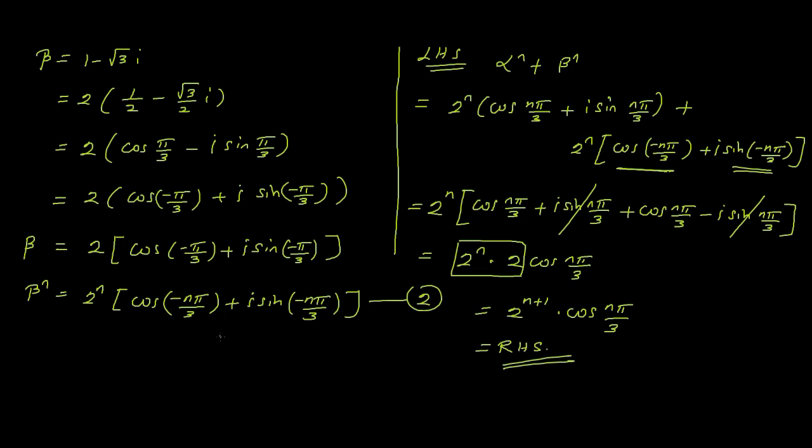Note it down. If you have not written it yet, go back, pause it, write it again, and try to understand. Come to question number 17. It asks for a positive integer n, so that 1 plus iota power n plus 1 minus iota power n is equal to 2 to the power n plus 2 by 2 cos n pi by 4.